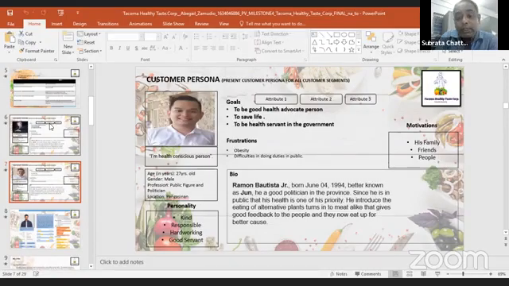He introduces the eating of alternative plants that turn into meat-alike, which gives good feedback to the people, and they can eat for a better cause. Again, his frustration is obesity. And since he is very hardworking and responsible, he does not want difficulties in doing his duties in public. That is his pain.